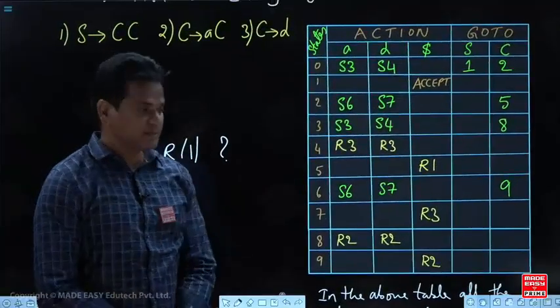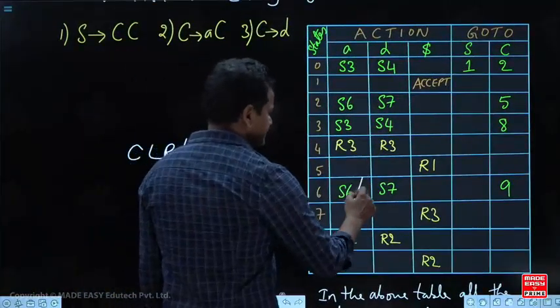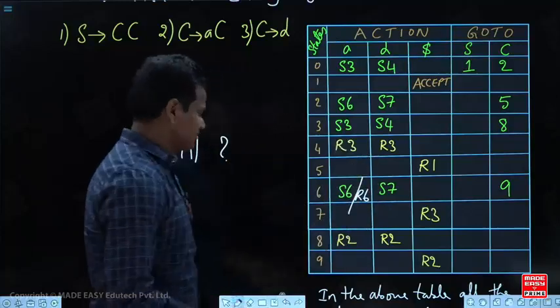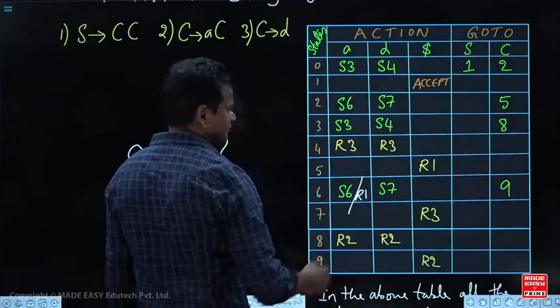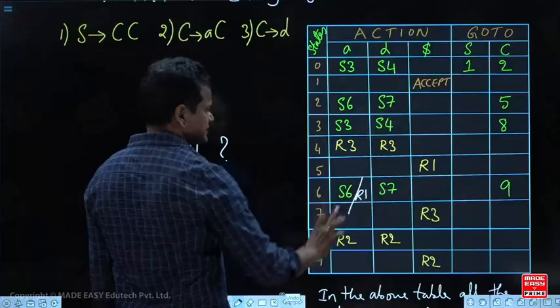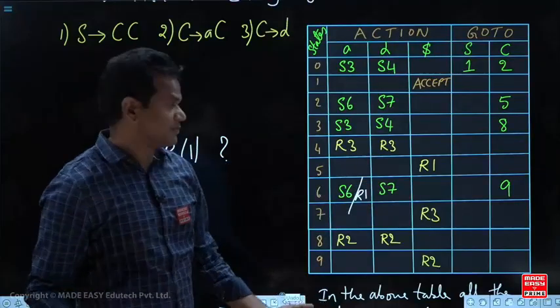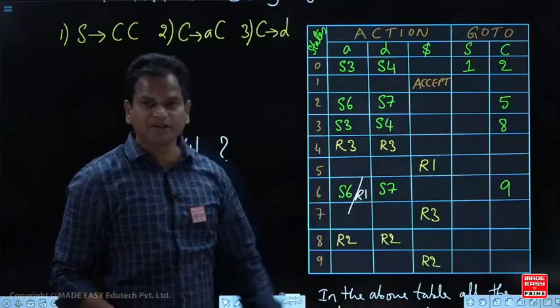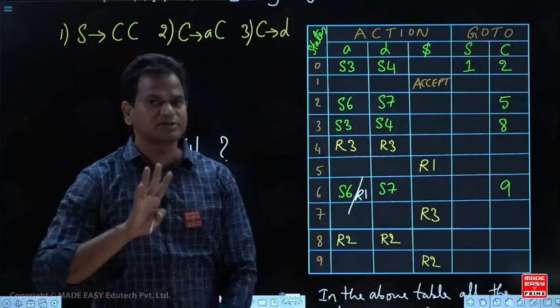Suppose anywhere there are multiple entries, for example, here S6 and also R6, R1. So shift is there, reduce is there, multiple entries in the same box. Whenever you have multiple entries in the same box, it is not CLR of 1.